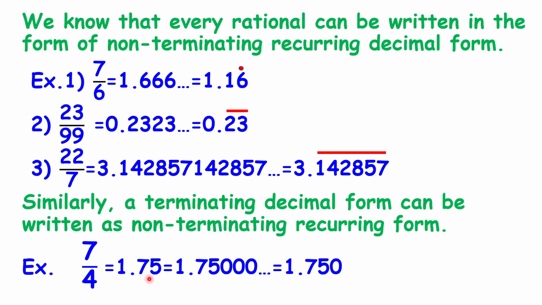It can also be written in non-terminating recurring form: if we write 0 after 5, that is 1.7500, the 0 is repeated, so 1.750 with a dot. Only the number 0 is repeated.